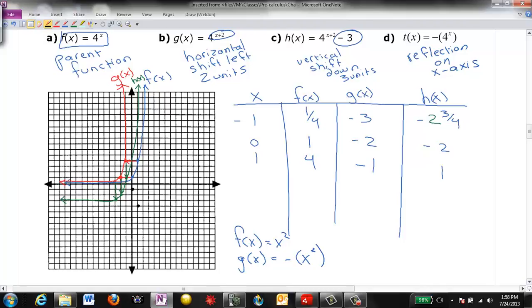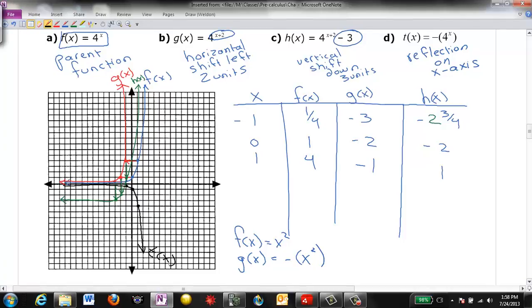And then this point, it's kind of getting crowded here, but that's okay. At negative 1 and 1/4 is going to become negative 1 and negative 1/4. So we're going to have a point here. And I'm going to draw this new curve. All right, so instead of that curve heading off towards positive infinity, it's now heading off towards negative infinity, and this is t of x. So it's kind of hard to read.